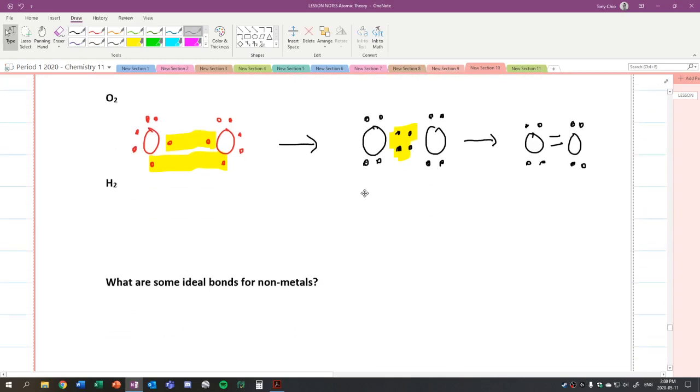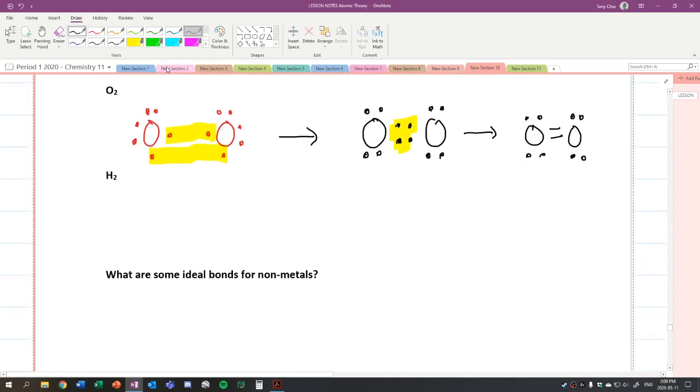Last one is H2. Now H2, hydrogen, we know, only needs 2 electrons in its outermost shell. So these 2 are going to share like this. And when it does that, you're going to get hydrogen like that. And that is hydrogen gas.